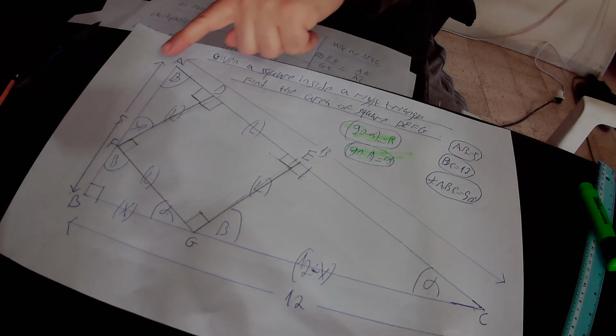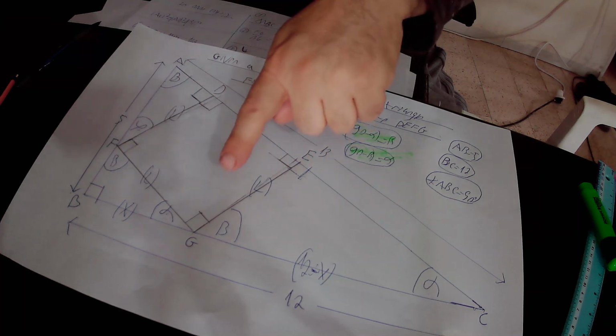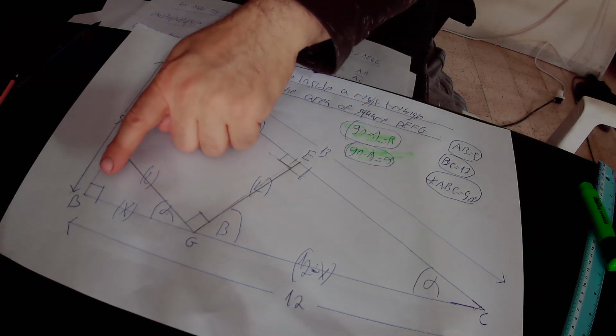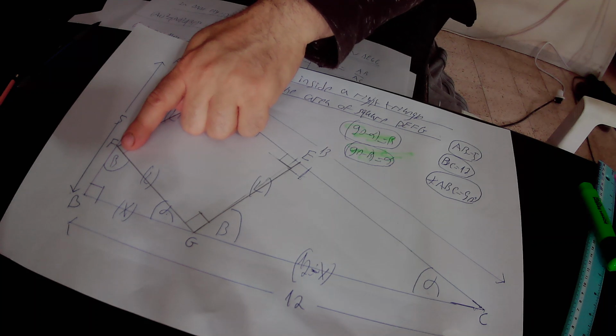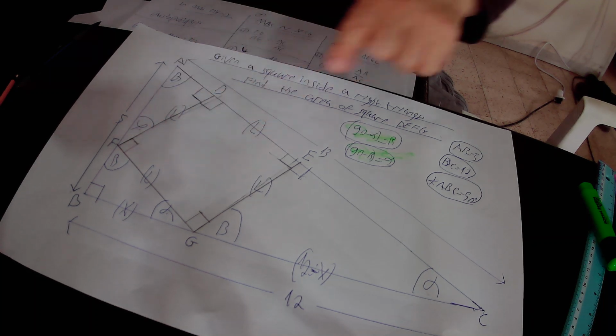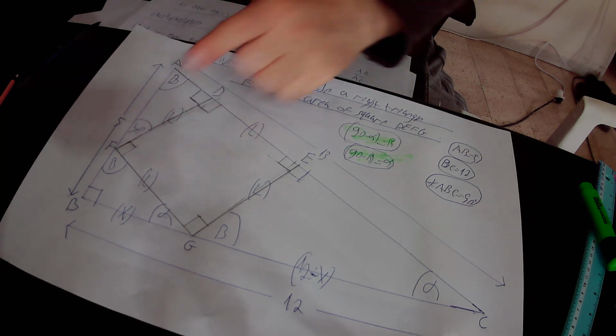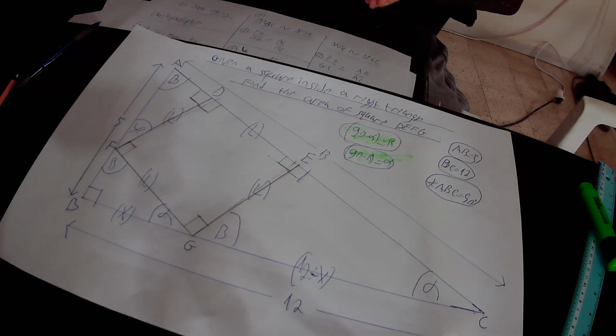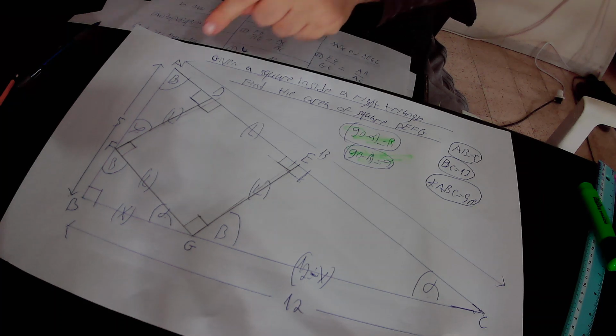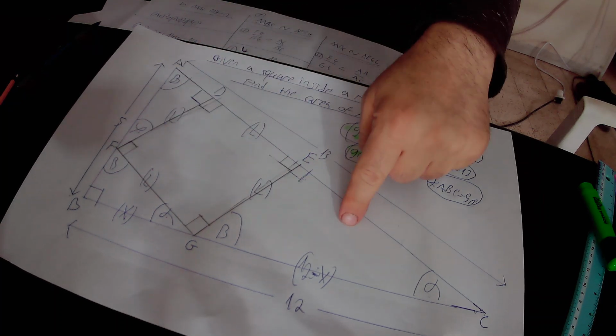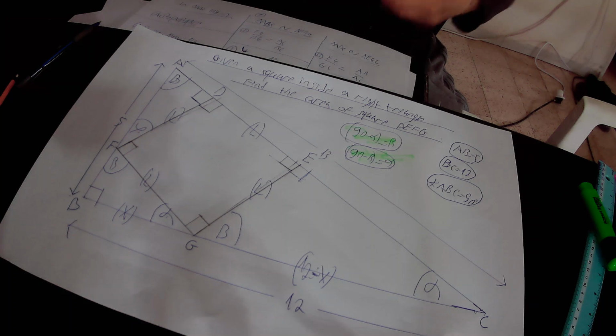In the right triangle FBG, this angle equals to alpha. This angle equals to 90 degrees, therefore the missing angle here must be equal to 90 degrees minus alpha. But 90 degrees minus alpha equals to beta, therefore the missing angle here equals to beta. So in our drawing, we have in total 4 right triangles. 1, 2, 3, and the right big triangle, triangle ABC.